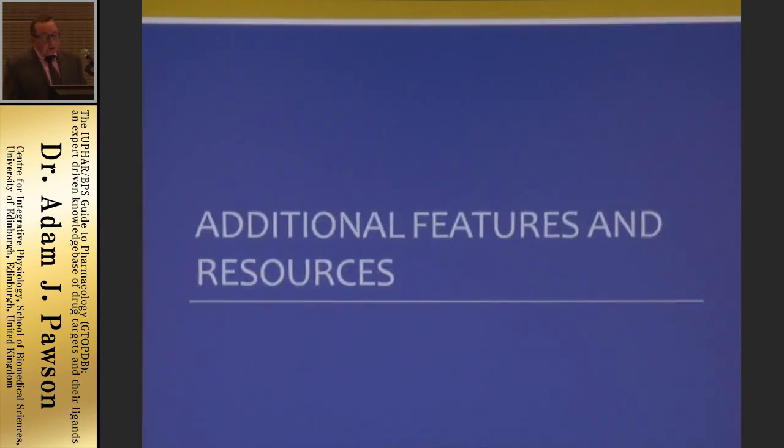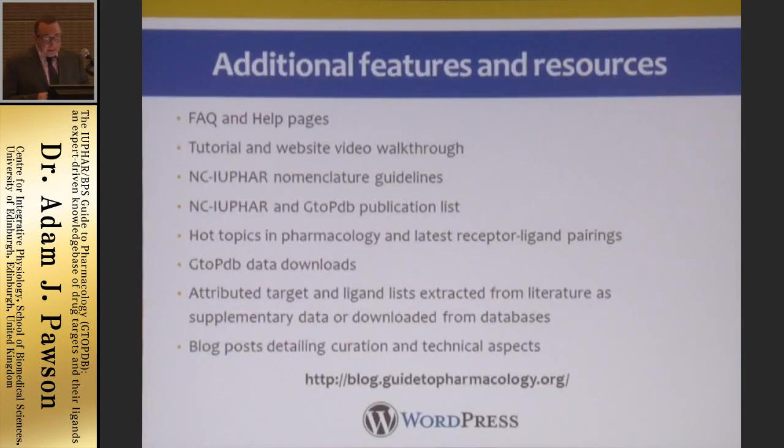Right, so additional features and resources of the website. Like many other websites, we provide frequently asked questions and help pages. There's a tutorial and a website video walkthrough. There is information on NC-IUPHAR nomenclature guidelines, full publication lists for NC-IUPHAR, hot topics in pharmacology and the latest receptor ligand pairings for orphan GPCRs.